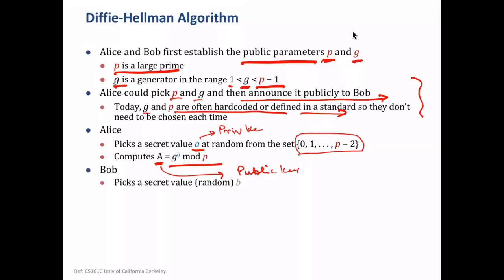Bob does similarly, he picks a random value B. Note that the word is random. Similarly, A is a random value in this range, and Bob picks a random value B in this range. It means any of these numbers has equal probability when we use the word random.